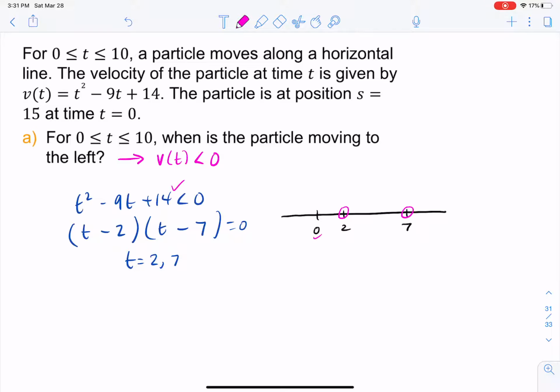If we plug in 0 here, we get 0² - 9 times 0 + 14. Is that less than 0? That would imply that 14 is less than 0, and it's just not, which means it's everything in between. Here we go.